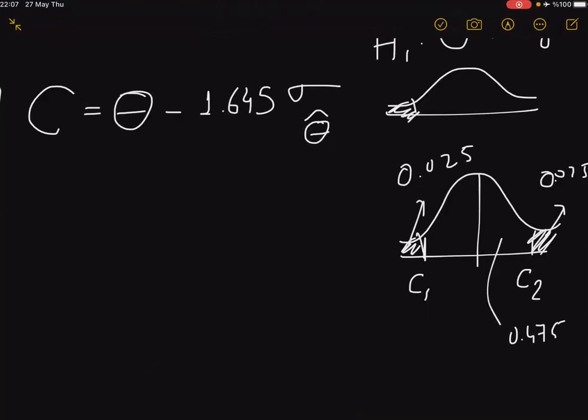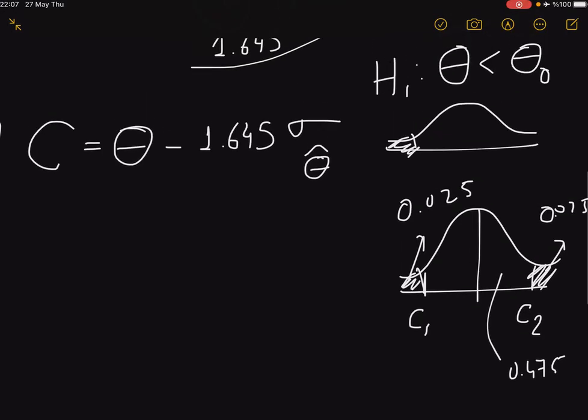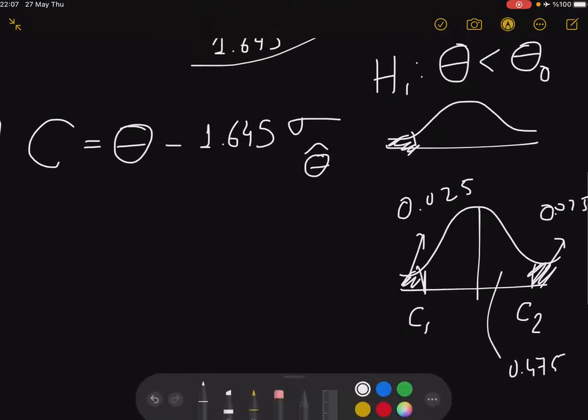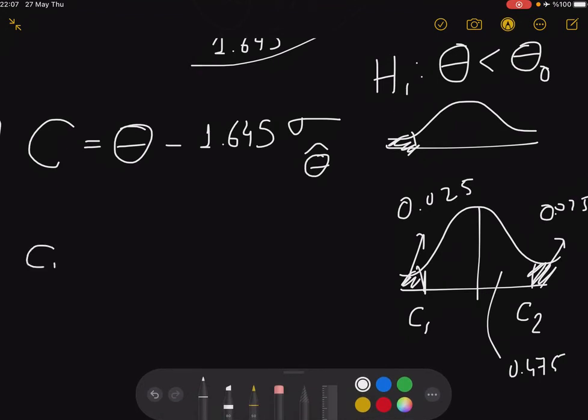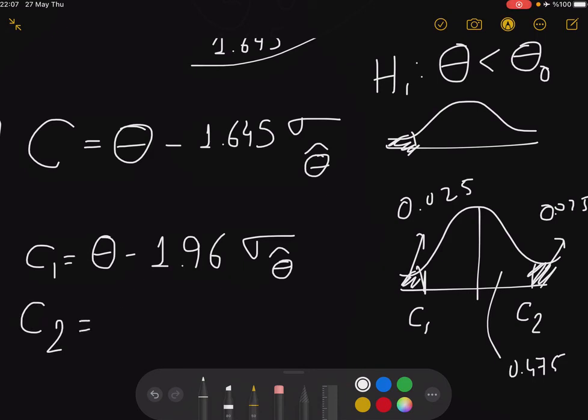So that would be your critical values in this sense, and your C1 should be theta 0 minus 1.96 sigma, and your C2 will be theta 0 plus 1.96 sigma theta hat.